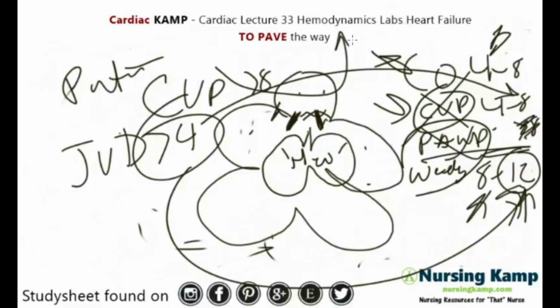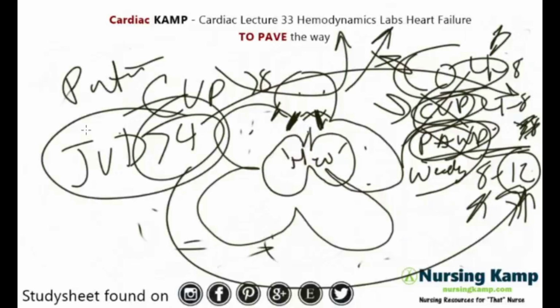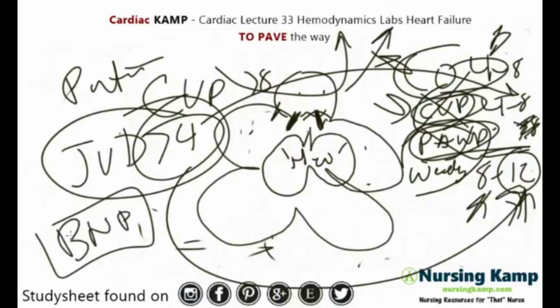We're talking about hemodynamics specifically and labs associated with heart failure. So these hemodynamics, cardiac output, CVP, wedge pressure, and JVD are all signs and symptoms of heart failure hemodynamics and labs. And the BNP is specific to heart failure. So in NCLEX questions, when you're evaluating heart failure, elevations in BNP means they have CHF.